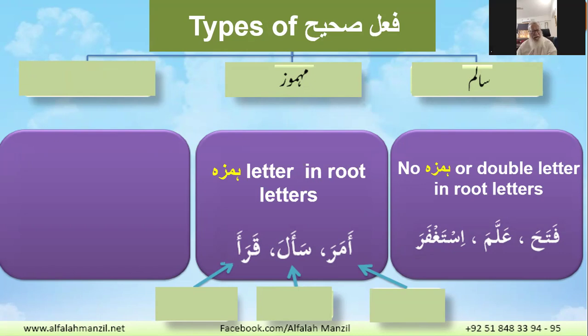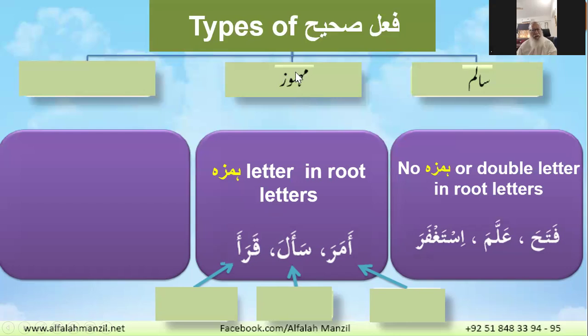Fa is the first letter, Ain is the second letter, and Lam is the third letter. When it comes in the place of Fa, we say Mahmuzul Fa. When it comes in the place of Ain, just like in Sa'ala, we will say Mahmuzul Ain. When it comes in the place of Lam, we call Mahmuzul Lam.